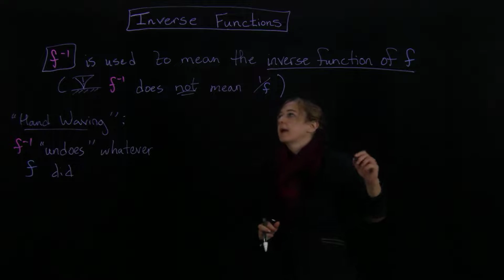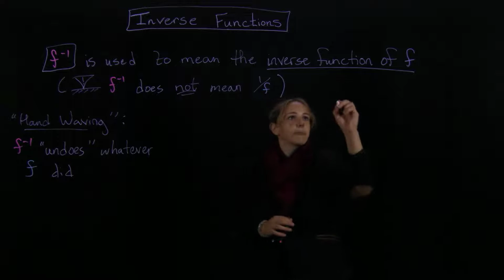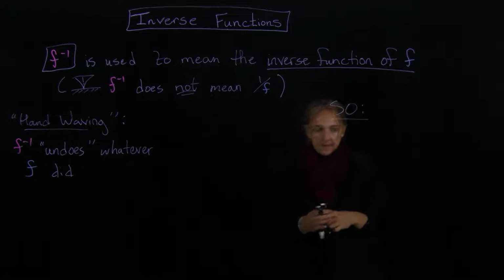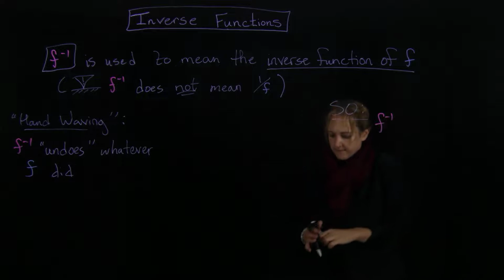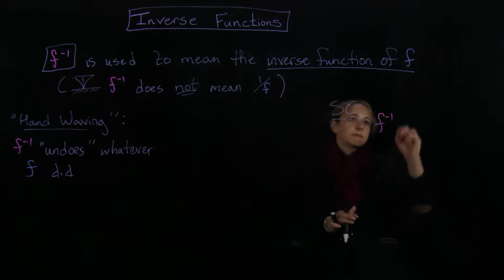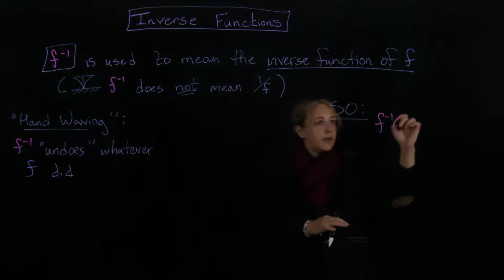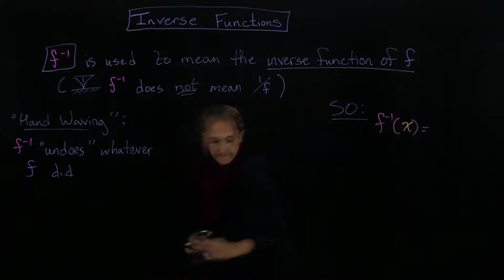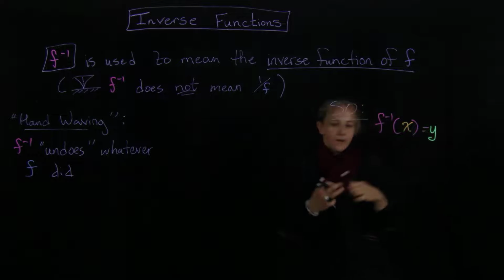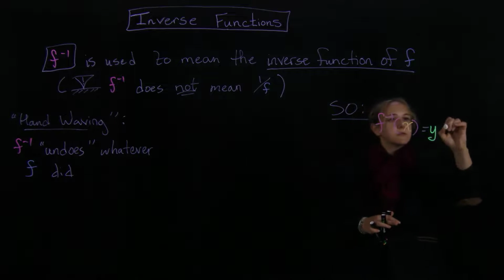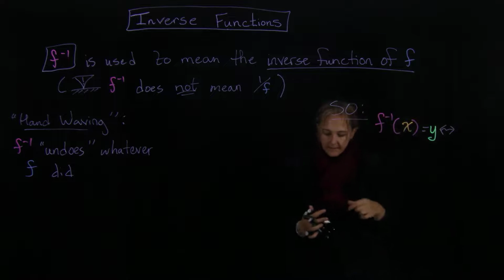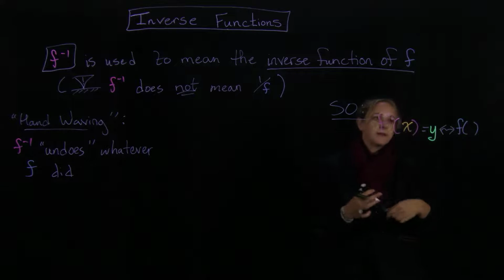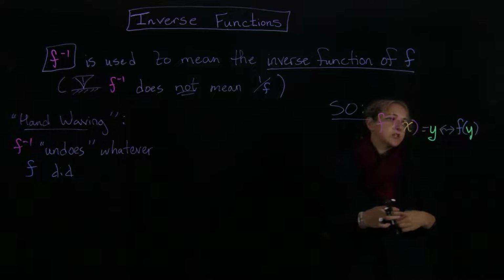It means that if I have f inverse of x, so when I put in x as an input into this function, I got out y, this would correspond to having f of y equals x. So it's kind of switching the inputs and the outputs.